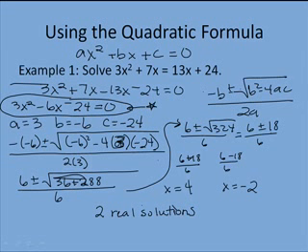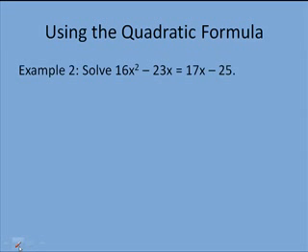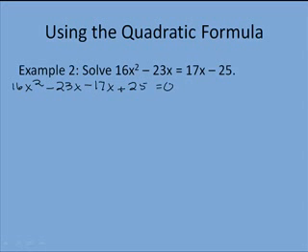So let's look at another example. In this second example, we're going to solve the equation using the quadratic formula again. Remember, you have to put this in standard form, so let's go ahead and do that first. We have 16x squared minus 23x minus 17x plus 25 equals 0.